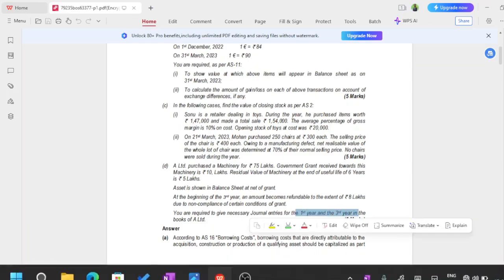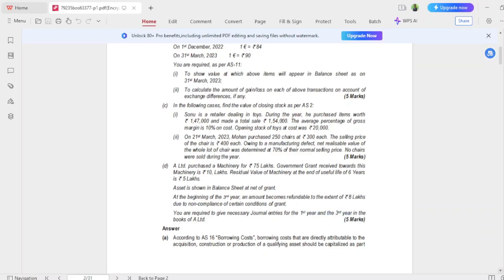In this question, there was nothing mentioned about the method of solving this kind of question. In the chapter, grant has two methods: one is gross and another one is net.